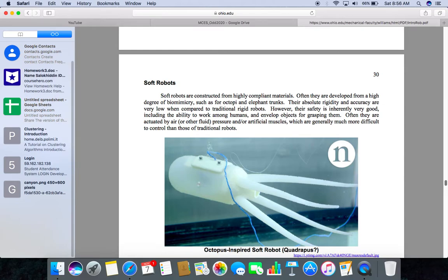However, their safety is inherently very good, including the ability to work among humans and envelop objects for grasping them. Often they are actuated by air or other fluid pressure and/or artificial muscles, which are generally much more difficult to control than those of traditional robots.